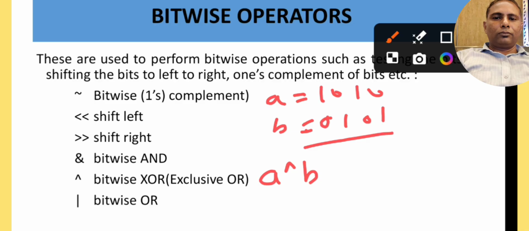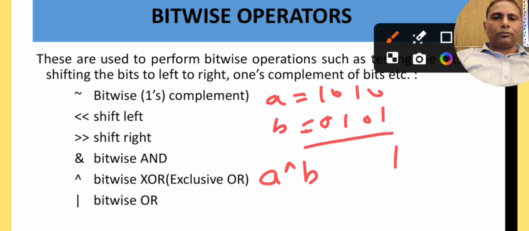If we have different numbers, then we will have the output 1. If we have 0 and 1, the output is 1. If we have input 1 and 0, the output is 1. So this will be the answer of the bitwise XOR operation.